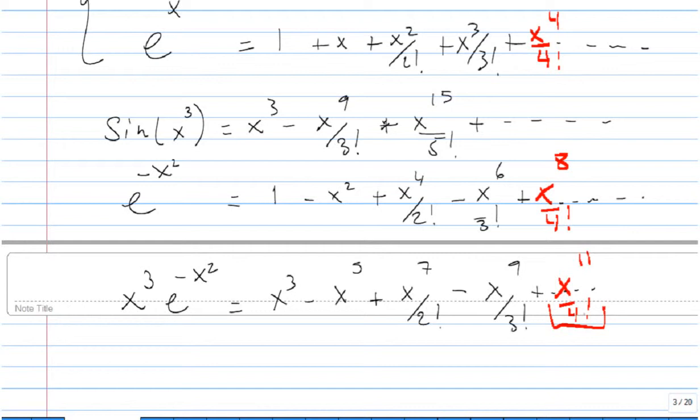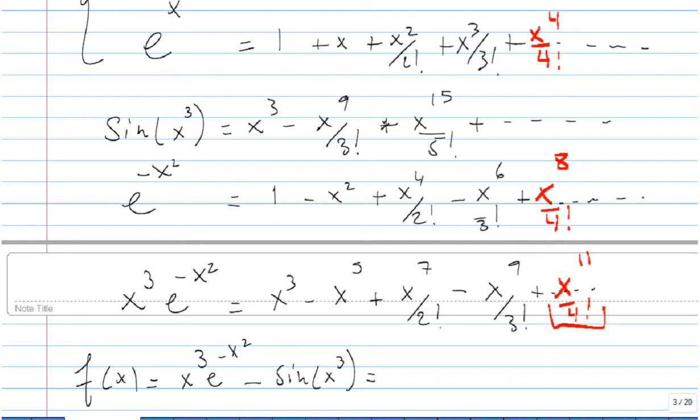Now if I put everything together, my function f of x is x cubed e to the minus x squared minus sine of x cubed.